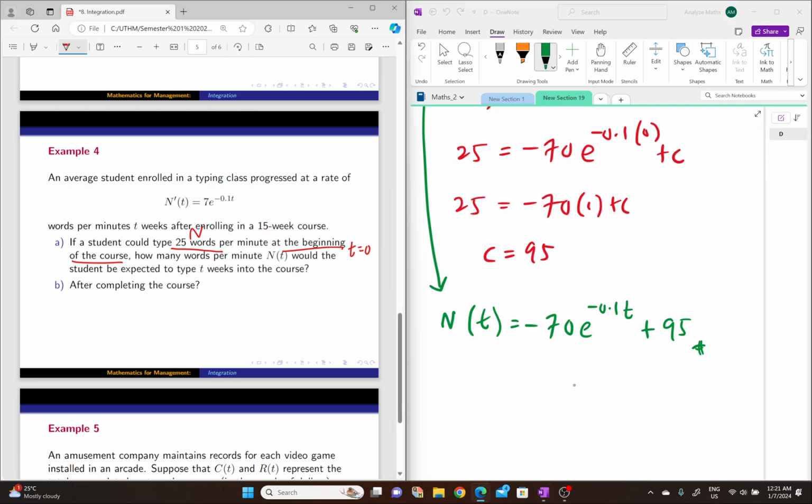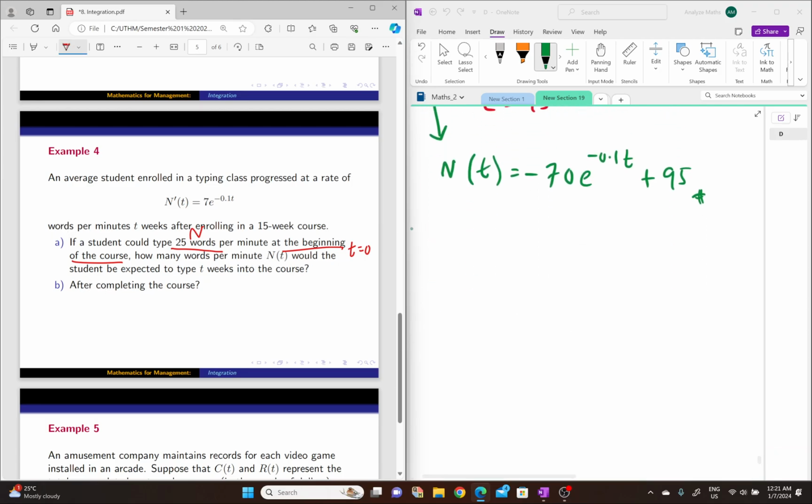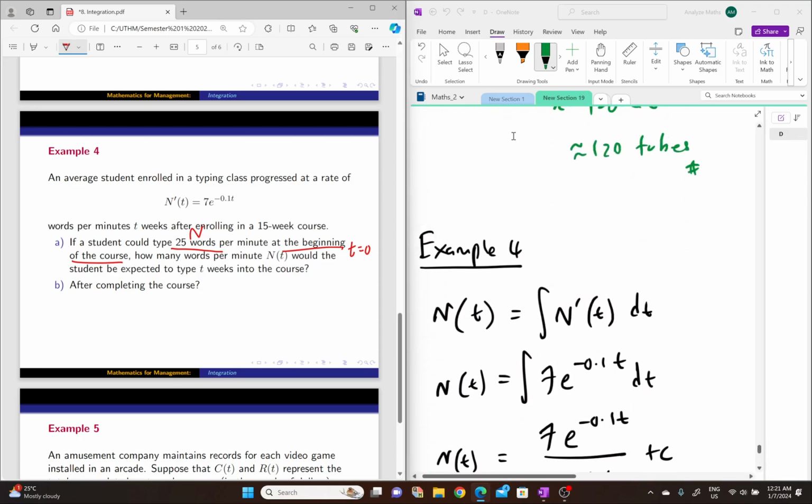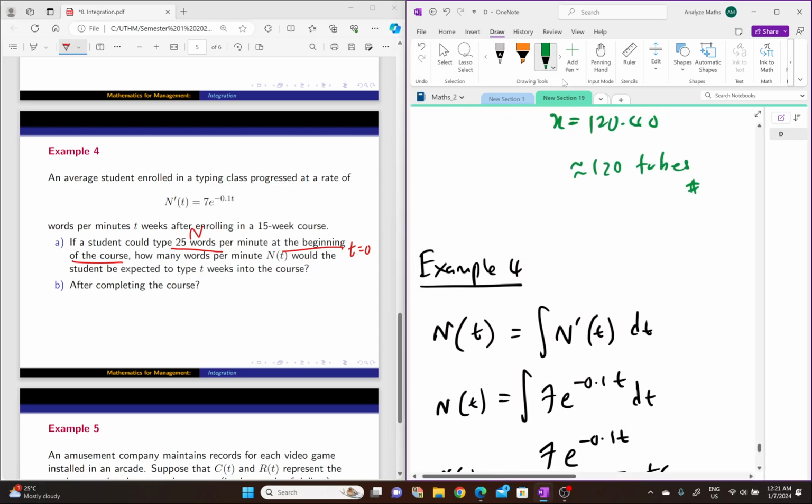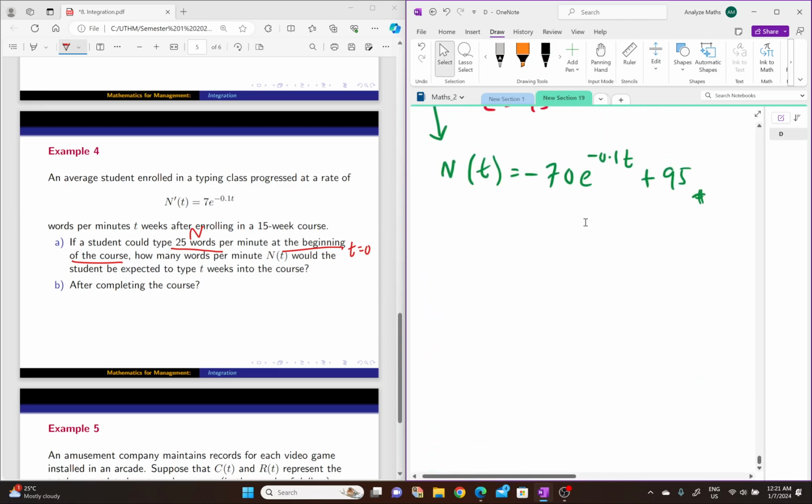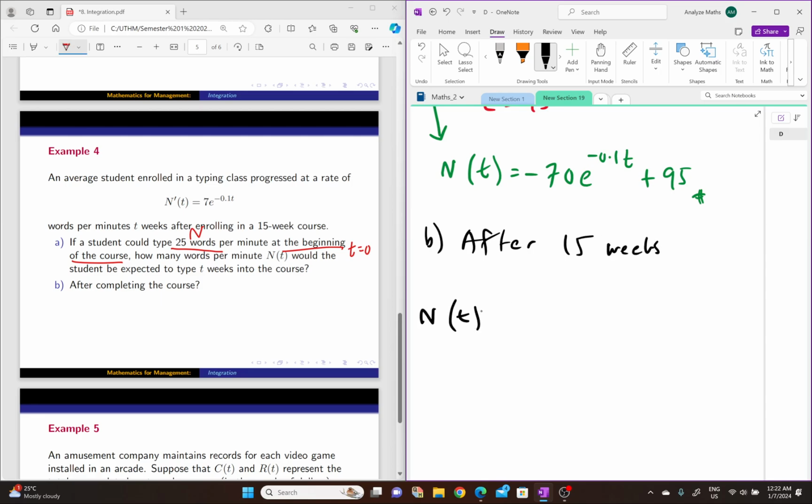Okay, words per minute. We have to now do B. Just now was A. So after completing the course means after 15 weeks. Basically here you have to write 15.